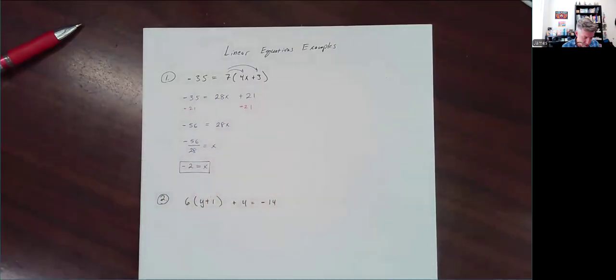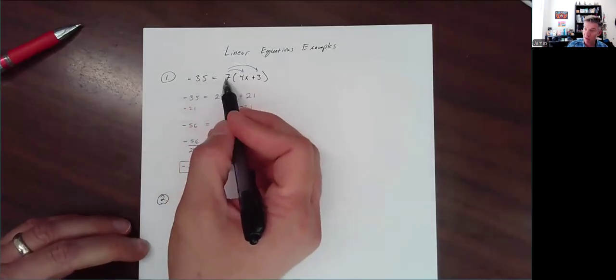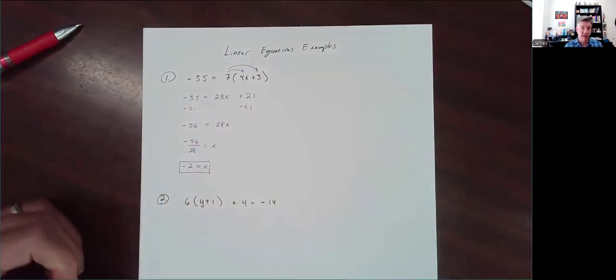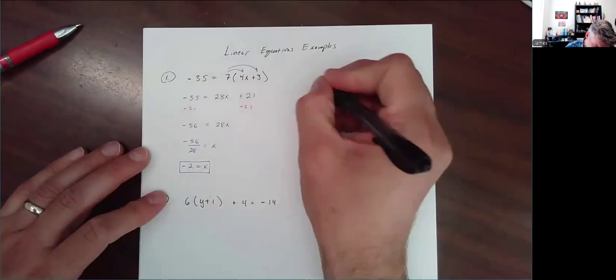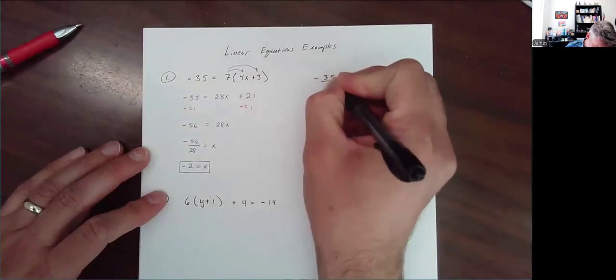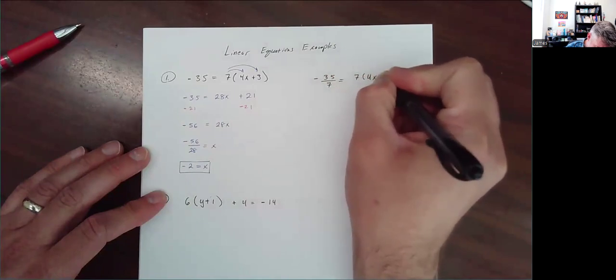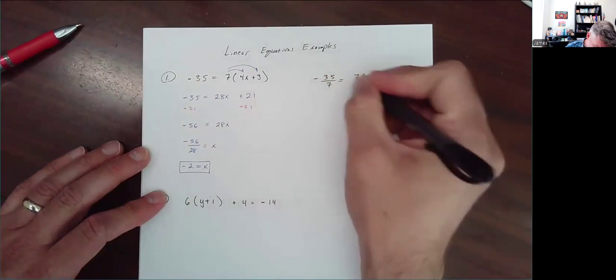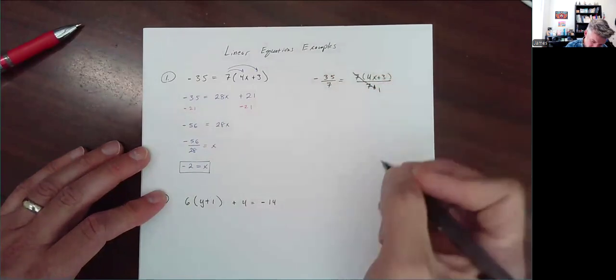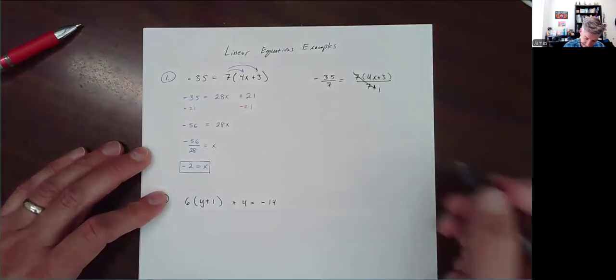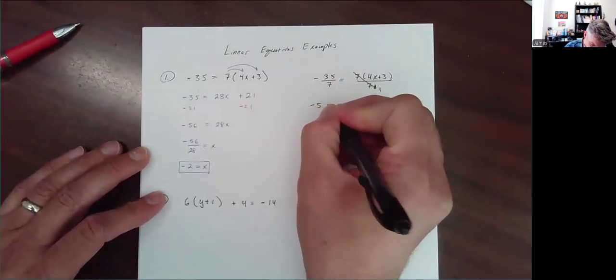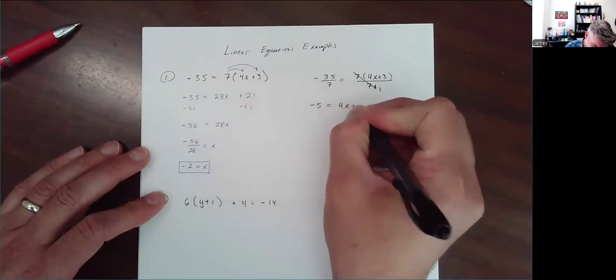Another way to solve this would have been to notice that 35 is a multiple of 7. So we could have started by dividing both sides by 7. So we could have said -35 divided by 7 is equal to 7 times (4x plus 3) divided by 7. 7 divided by 7 is 1. 35 divided by 7 is 5. So that's going to be a -5 on the left equal to 4x plus 3.